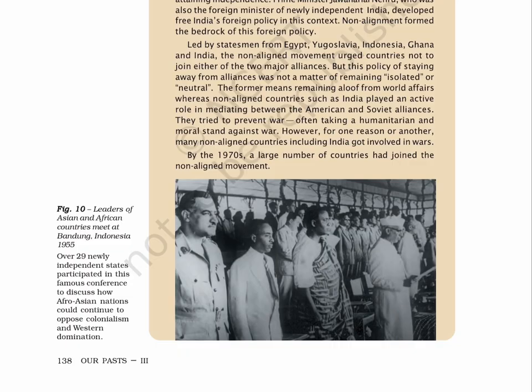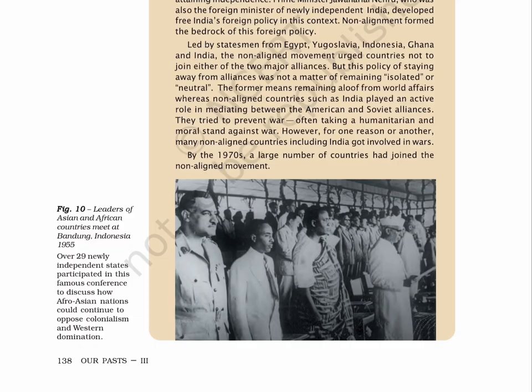But this policy of staying away from alliances was not a matter of remaining isolated or neutral. The former means remaining aloof from world affairs, whereas non-aligned countries such as India played an active role in mediating between the American and Soviet alliances.